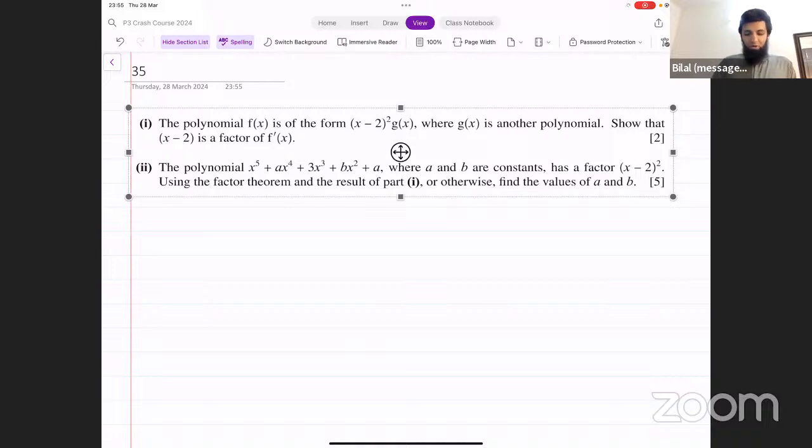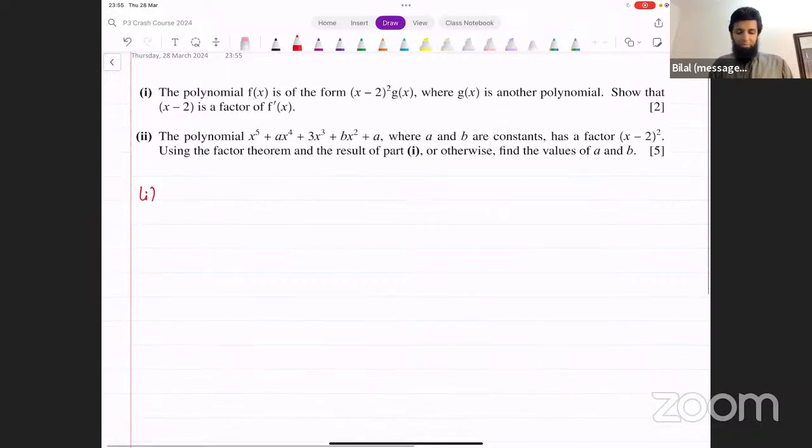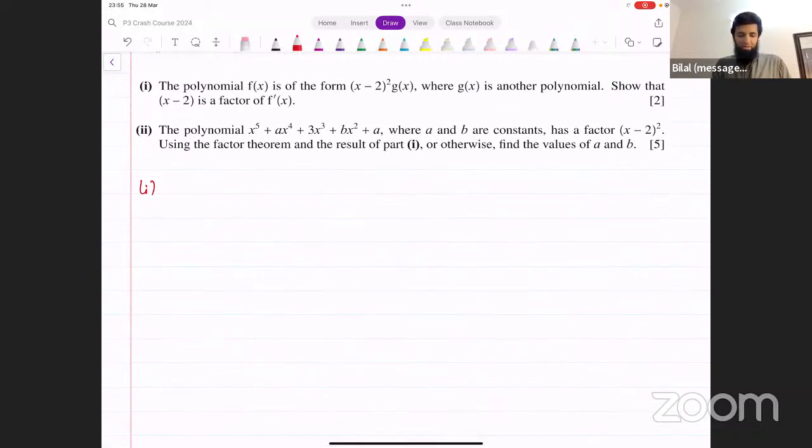Okay, so now we have polynomials coming with differentiation. Again, that's another combination that you see coming in differentiation. It's not very common, but it's here now. Let's try to understand this. We have a polynomial, so we've done polynomials, right?